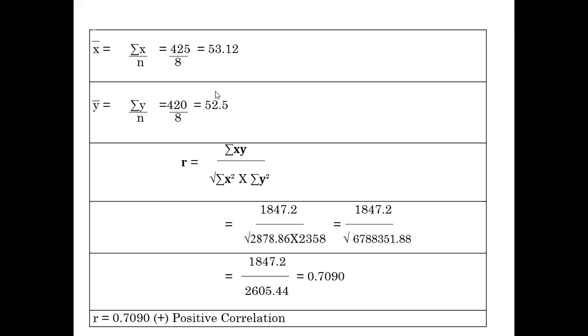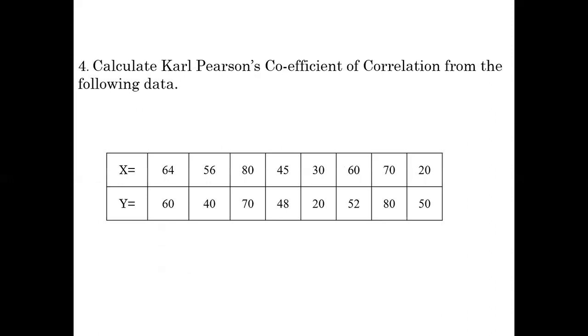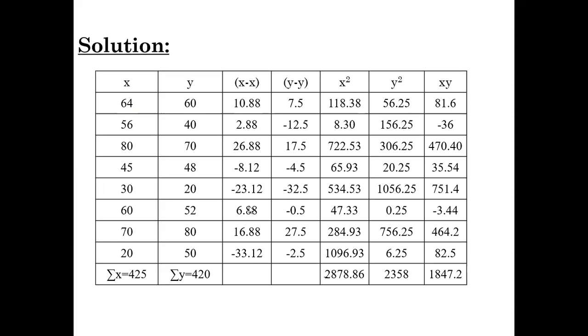Whatever values are there in the x column and the y column, all the items 64, 56, 80, 45, you have to subtract the mean from them, that is 53.12. So all the values of the x variable, when you subtract 53.12 from them, you get the x values here.